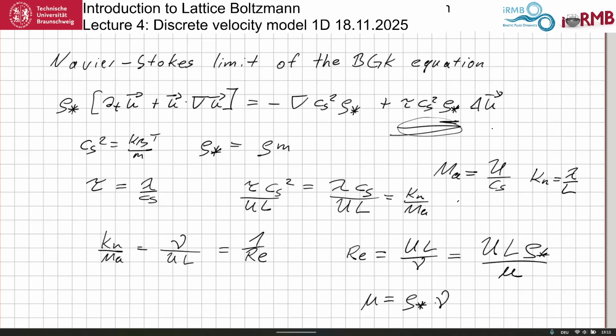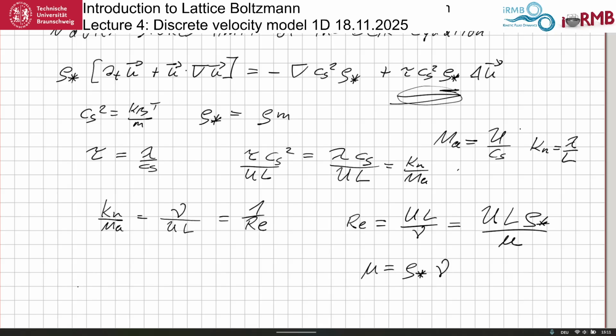nu. So these are the two things that we distinguish. We call this here the kinematic viscosity. Please never say kinetic viscosity, even though it comes from kinetic theory. It's the kinematic viscosity. The kinematic viscosity is the proper diffusion coefficient.